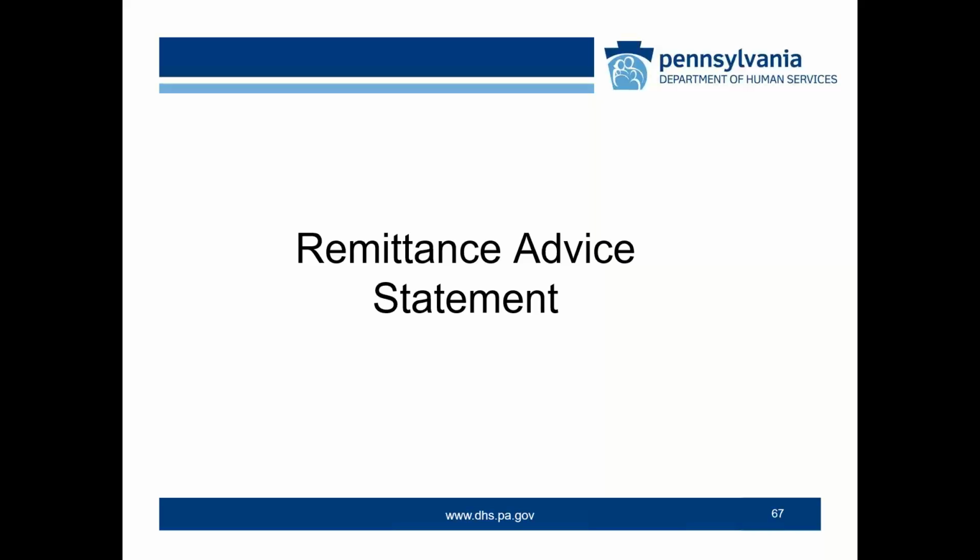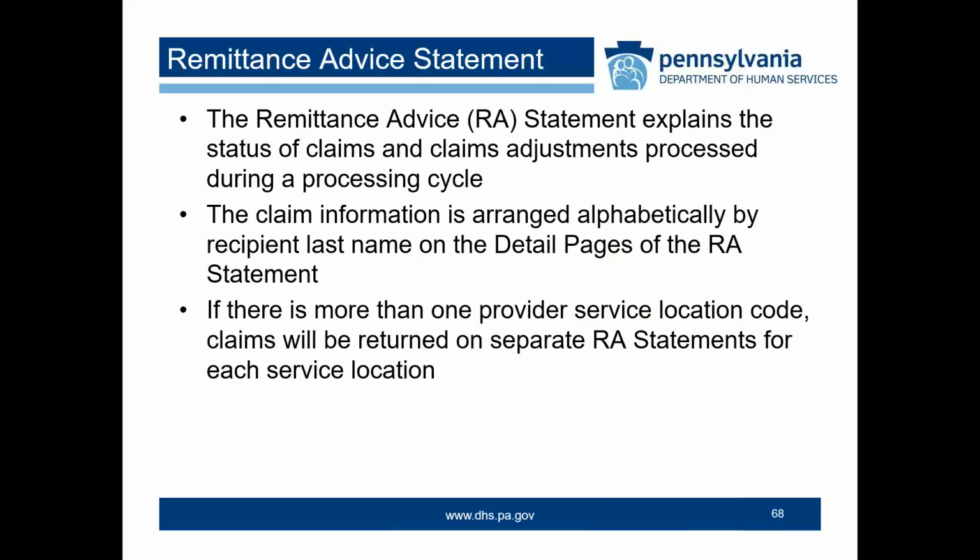We can continue with remittance advice. Thank you. So we can move on to the remittance advice statement. The remittance advice statement explains the status of claims and claim adjustments that were processed during that particular payment cycle. The claim information is arranged on the detail page of the remittance advice statement in alphabetical order of the recipient's last name.